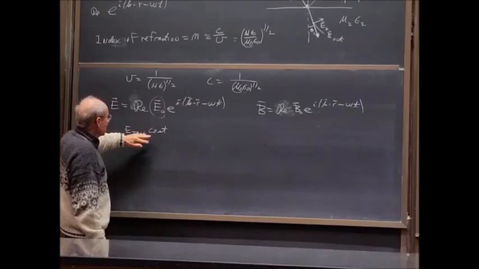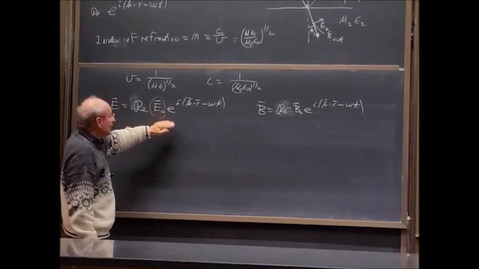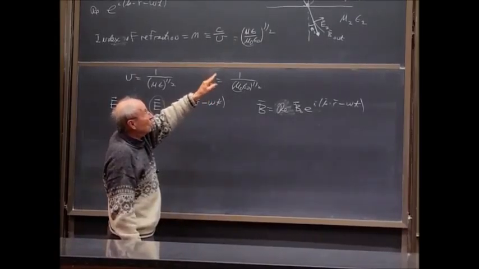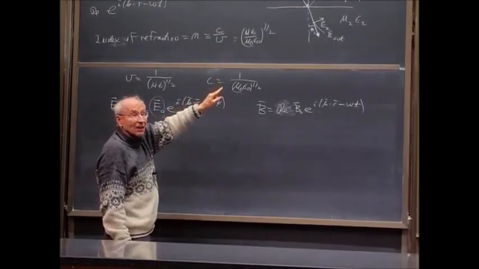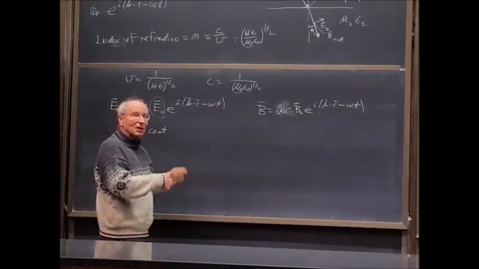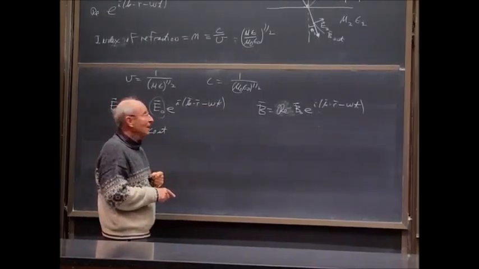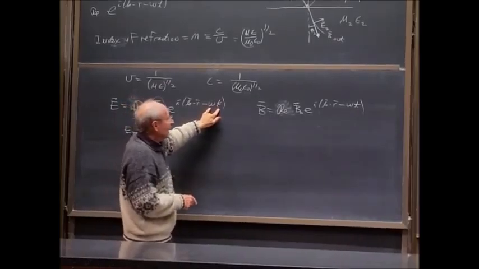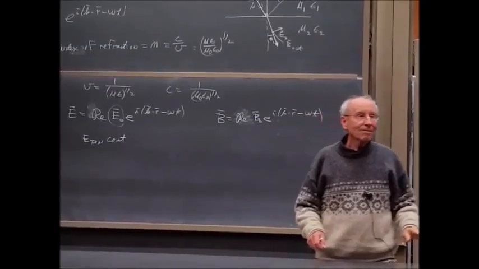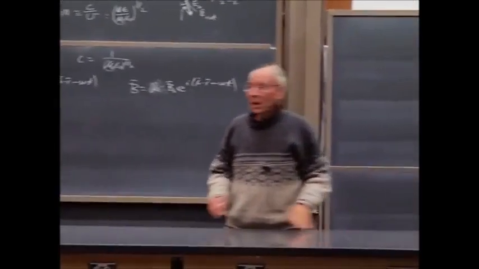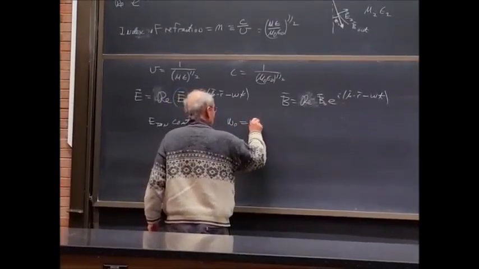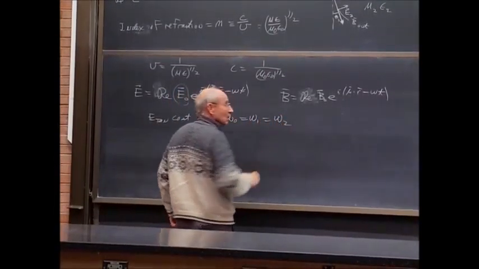Well, if I arrange it nicely so that this condition is satisfied for one value of t, for all three waves, then the only way it'll be true for another value of t is if the time dependence is the same for each one. Well, that means that that has to be the same for all three. Right? So that means that omega 0 must equal omega 1 must equal omega 2.